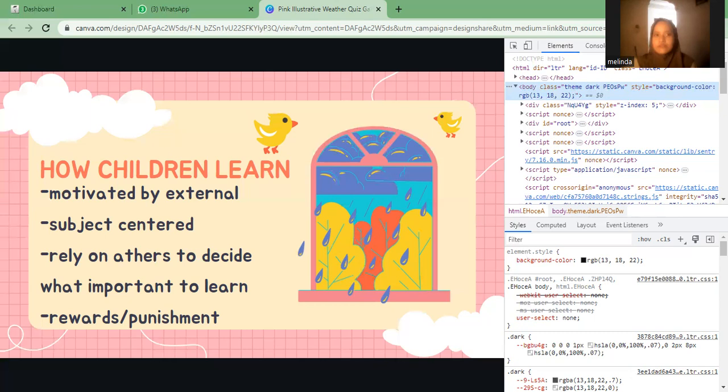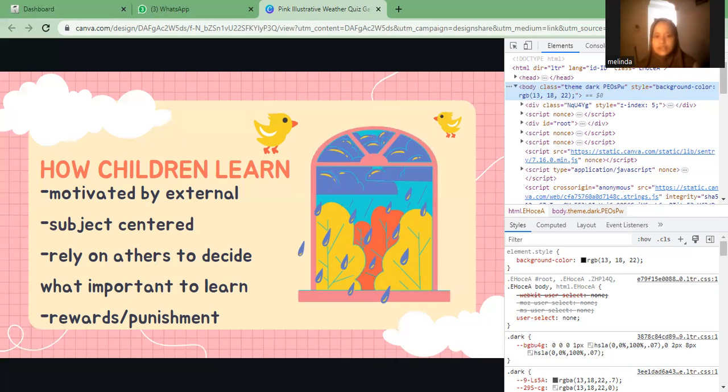They only focus on the name of the animal. Different from adult learners, who maybe will look for information on how a chicken sounds or how a cat sounds, young learners only focus on the subject, the name of the animal.